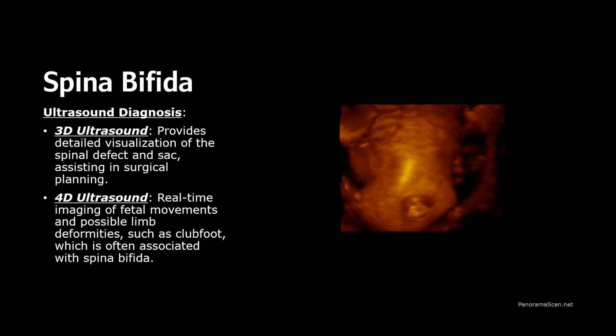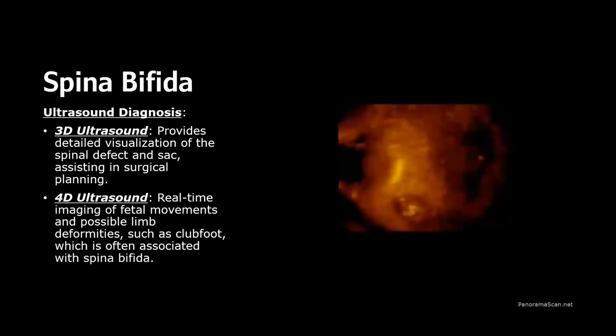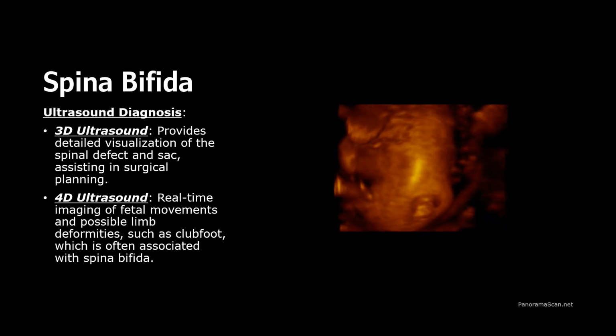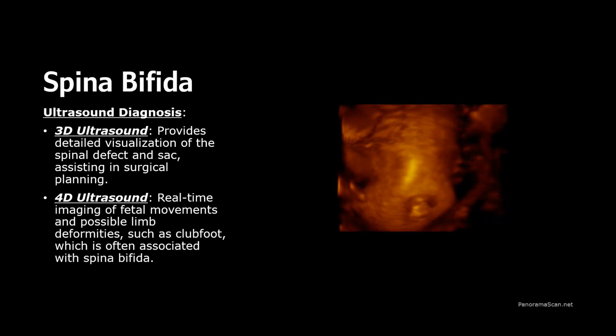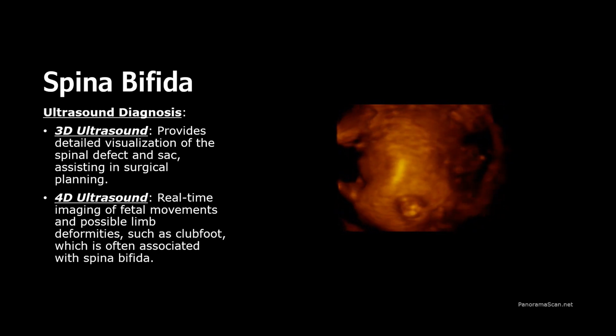This can help detect possible limb deformities such as clubfoot, or talipes equinovarus, which is often associated with spina bifida. Both 3D and 4D technologies enhance our ability to monitor and prepare for any necessary interventions post-birth.